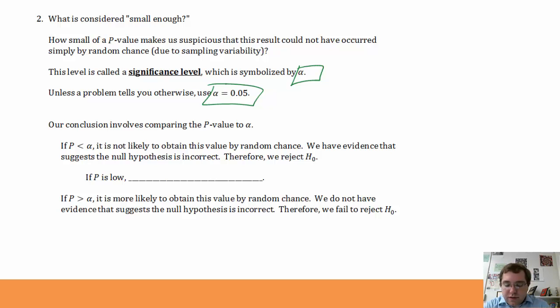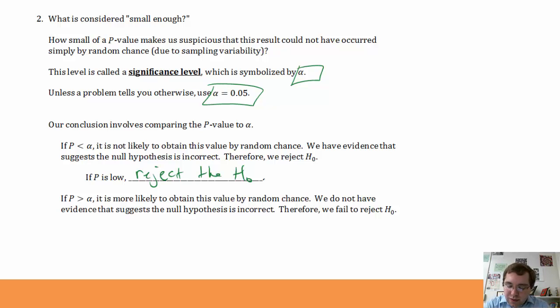Our conclusion involves comparing the p-value to alpha, comparing the probability we got to alpha. If p is less than alpha, it's not likely to obtain the value we got in our sample by random chance. We have evidence that suggests the null hypothesis is incorrect, and therefore we reject H naught. So if p is low, reject the H naught.